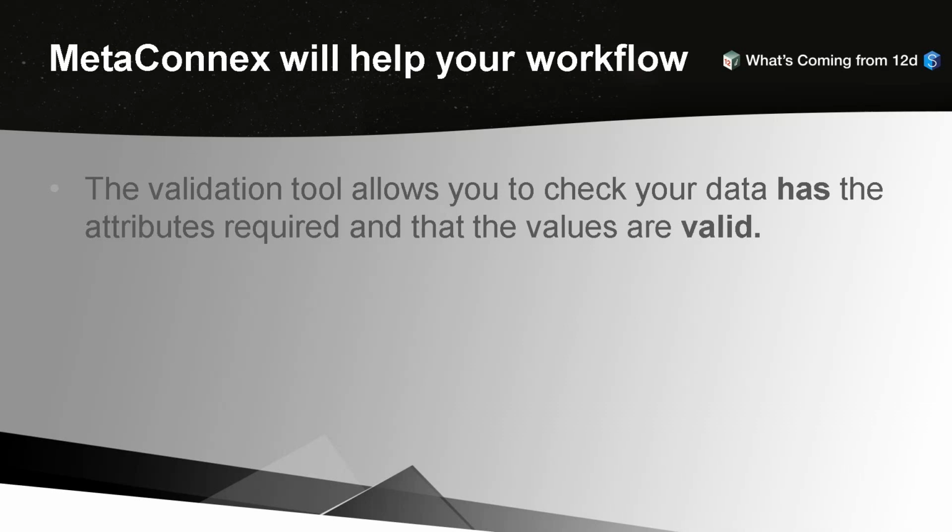If it's a pipe diameter, you can specify that type of information. And if it's a choice list, that the choice that you've filled out, or another user may have filled out, is actually on the choice list.